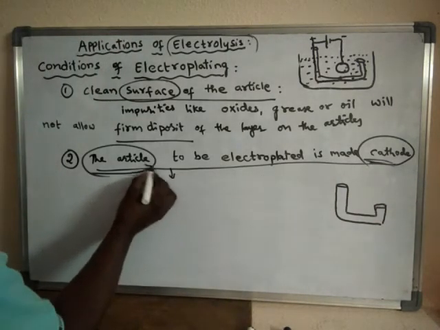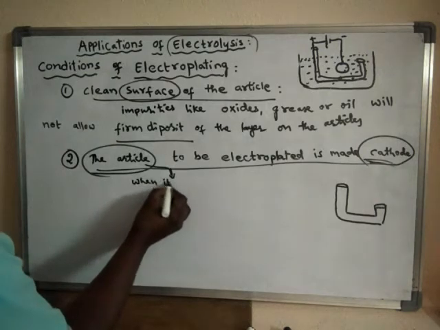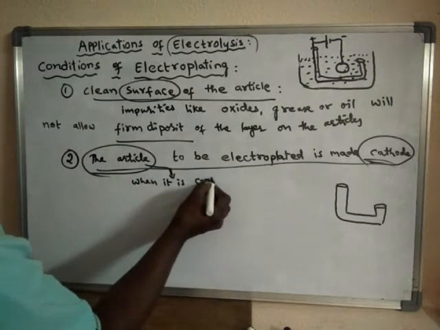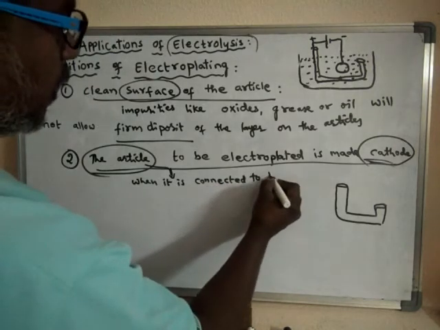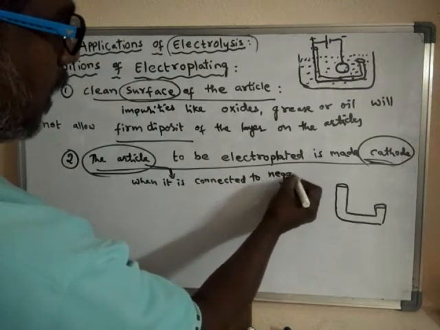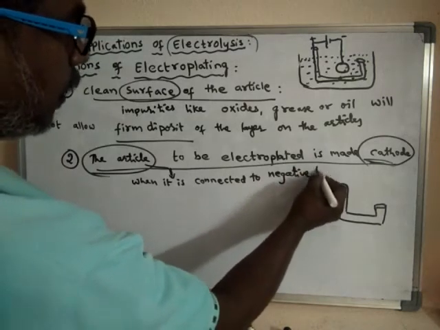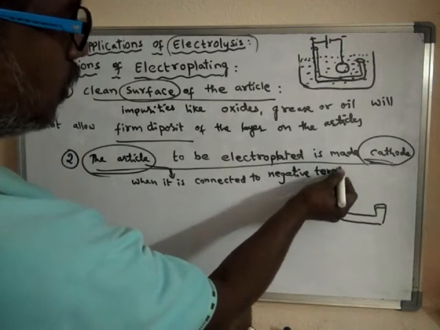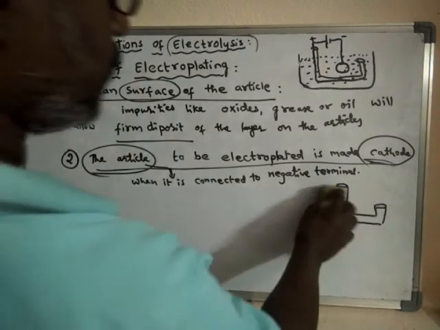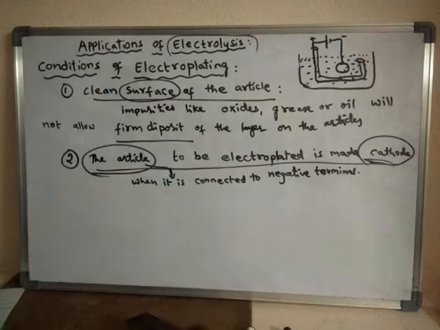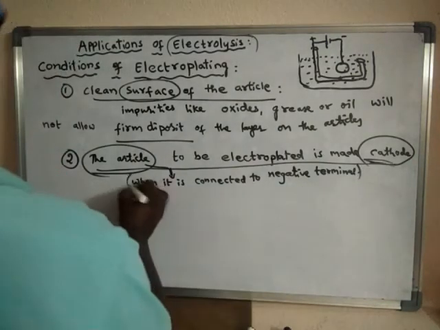When this article is connected to the negative terminal of the battery, then that article is made into cathode.